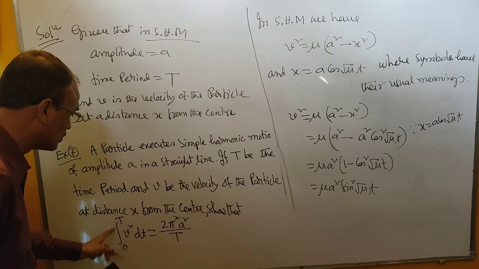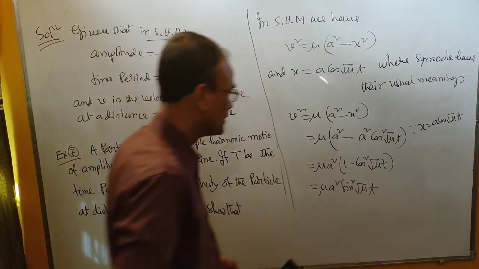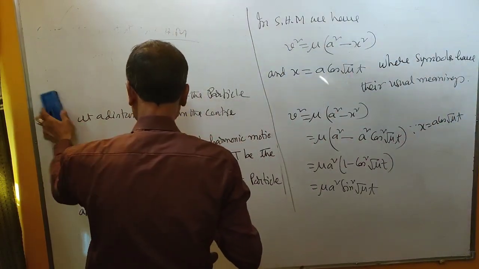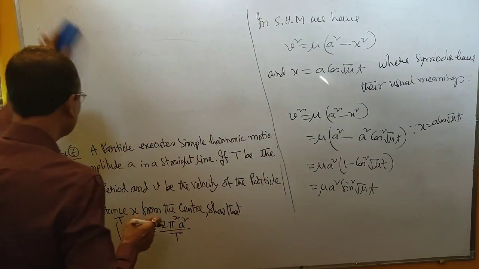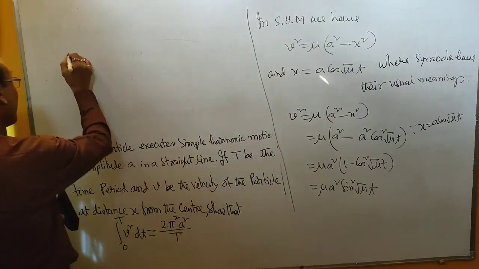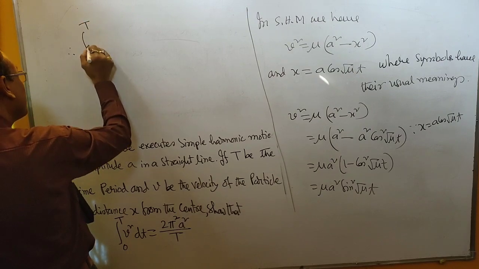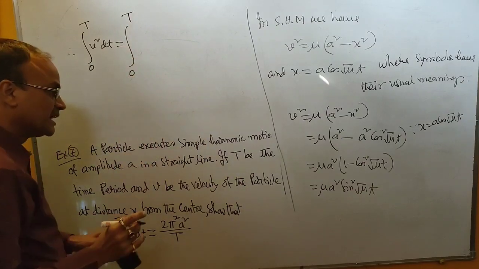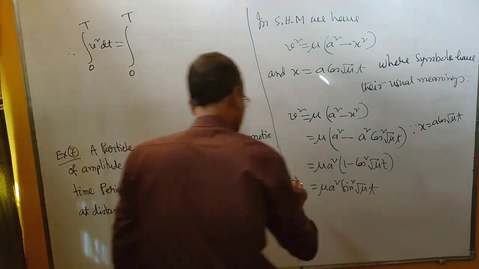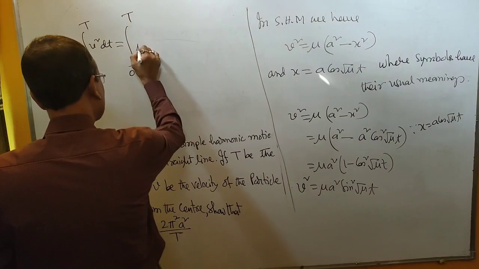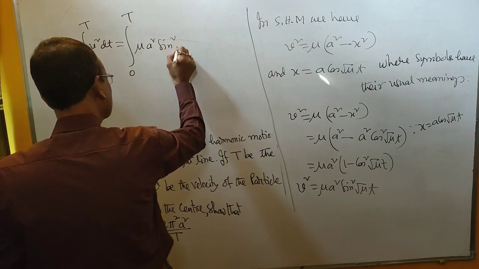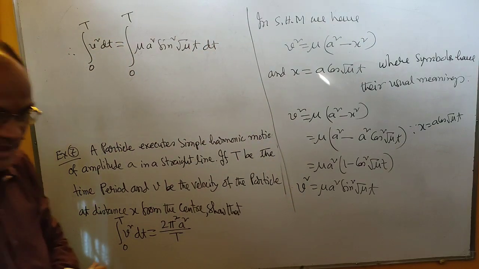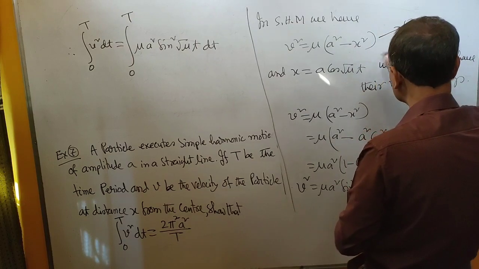You have to find the integral from 0 to capital T, where T is the periodic time or time period of simple harmonic motion. Therefore, integration 0 to T of v square dt equals integration 0 to T of mu a square sin square root mu t dt.